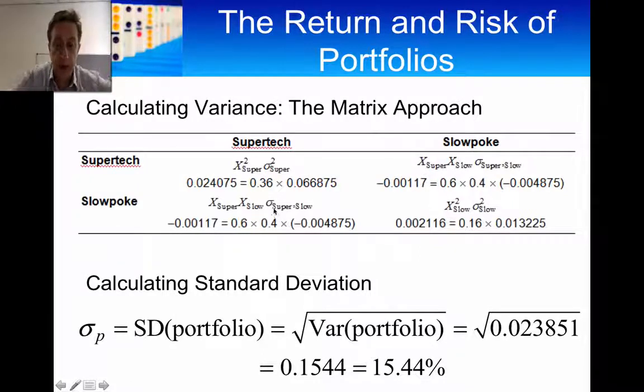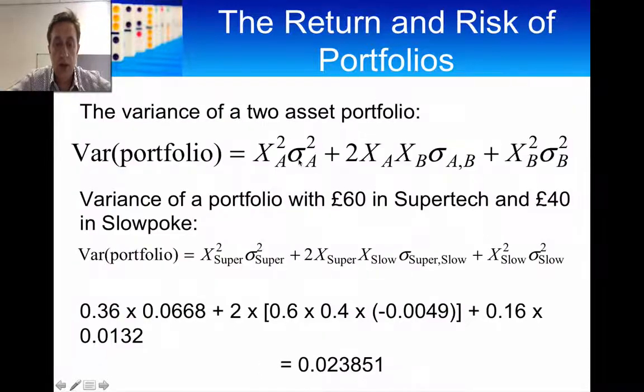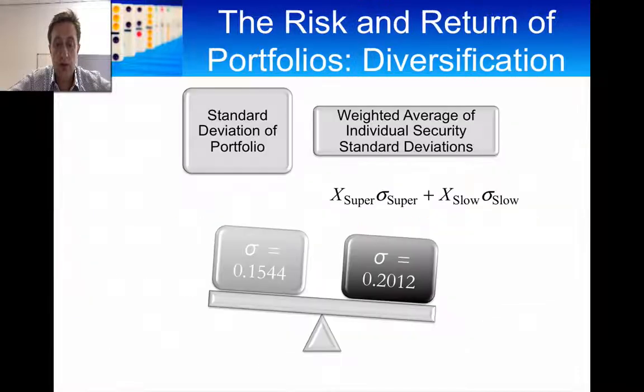Now, if we forget about these terms, and think about just the weighted average, which is XA times the standard deviation of A plus XB times the standard deviation of B. So that's the weighted average of the individual standard deviations, which is similar to what we had with the weighted average of the expected return in the portfolio.